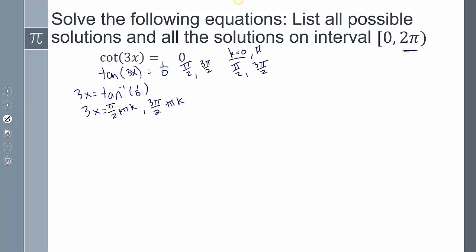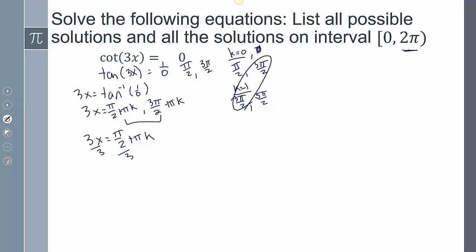If I plug in k equals 1, I'm going to get 3 pi halves and 5 pi halves. But now notice the issue, I'm starting to repeat myself. So you can combine these together. All you have to do is take the smallest one, pi halves, and write plus pi. Okay, so now we're not repeating ourselves. Everything's okay, and now we can continue on solving.